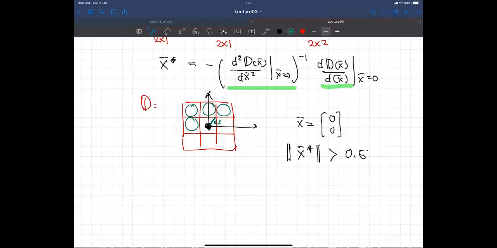So if the offset magnitude of x star is greater than 0.5, then we move the location of the peak. It means that we know that there is a shift of the peak, meaning that the original one is wrong if the magnitude is greater than 0.5.